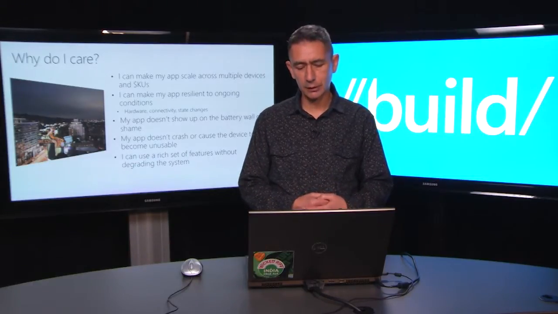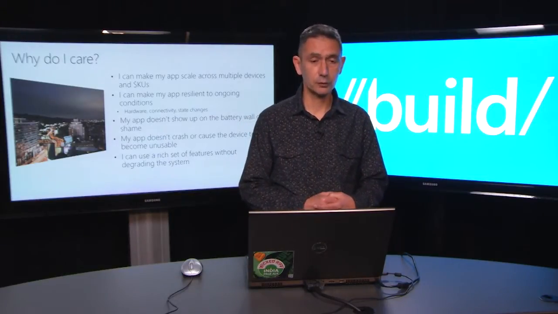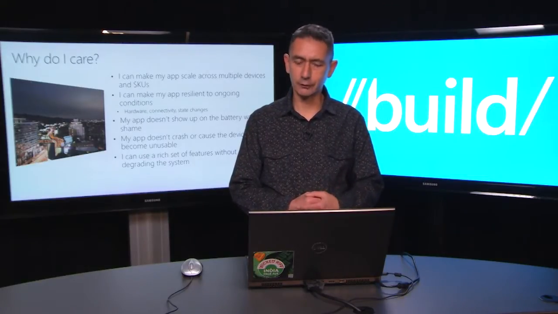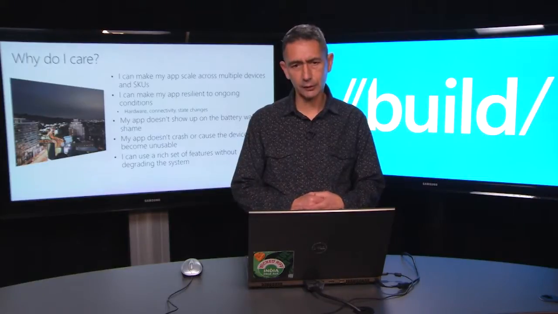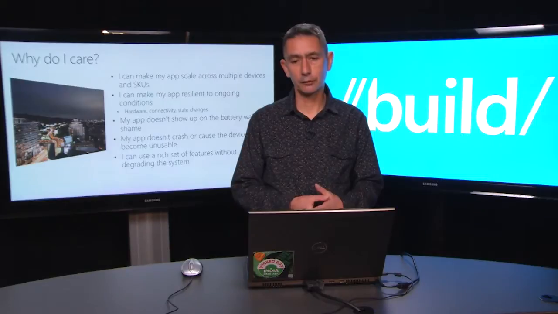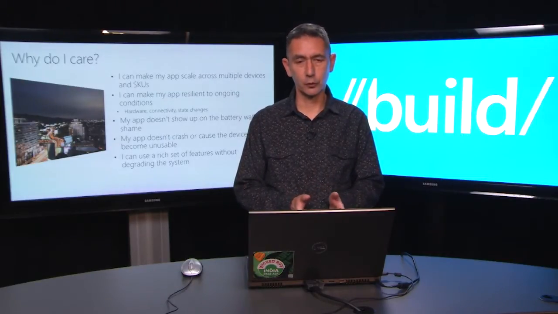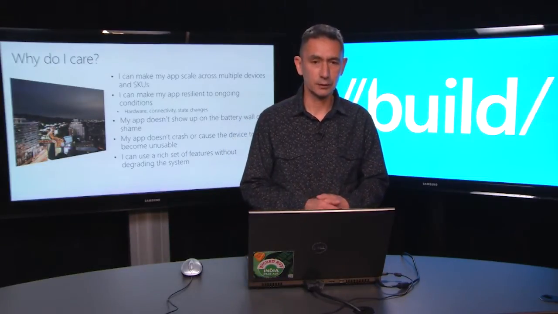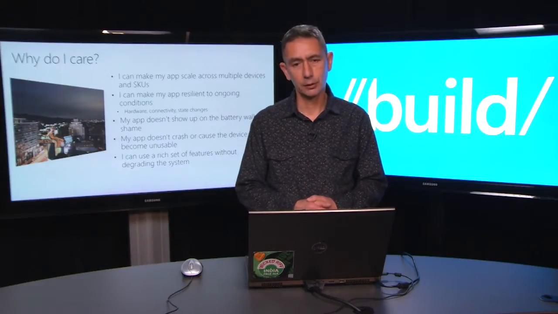So generally, you would prefer your app not to show up on that list at all, or at least if it does show up, to show up with a very small bar saying it's not using very much energy. Because if it does show up on that list a lot and it uses a lot of energy, there's the risk that the user will turn off your app or uninstall it, because they may have a preference for battery lifetime or reduced energy consumption over whatever features your app is providing.